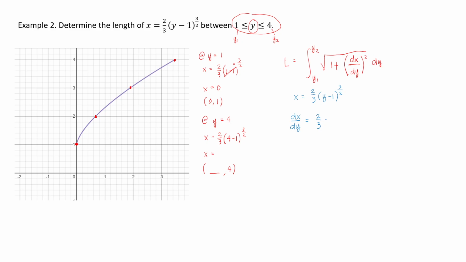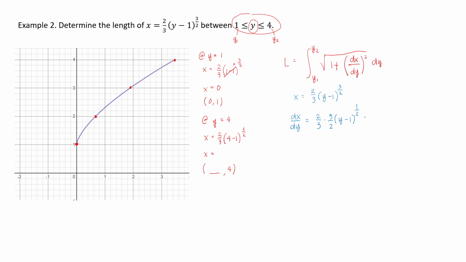Okay, so you're going to have 2/3 times 3 halves, bring down the exponent. But then (y minus 1) to the power of 3 halves minus 1, that would now be 1 half.